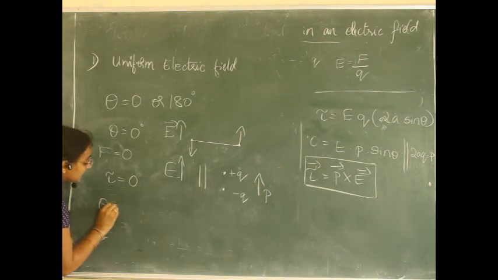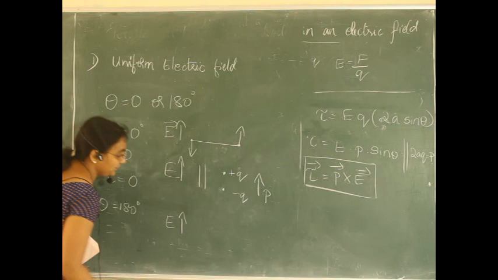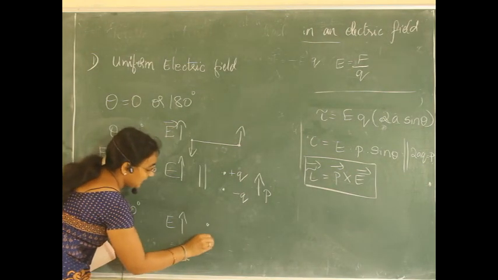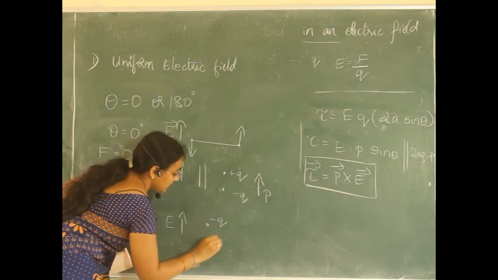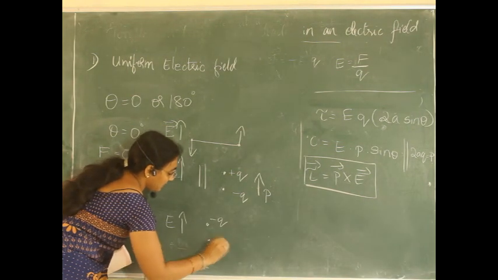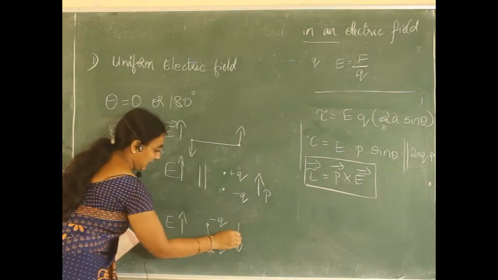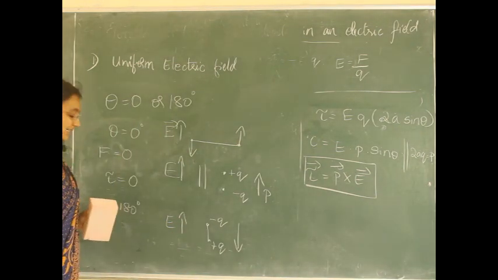If theta is equal to 180 degrees, electric field is uniform, our dipole is here like this. If this is minus q and this is plus q, then dipole is acting from minus to plus like this. Electric field and this one are opposite in direction.